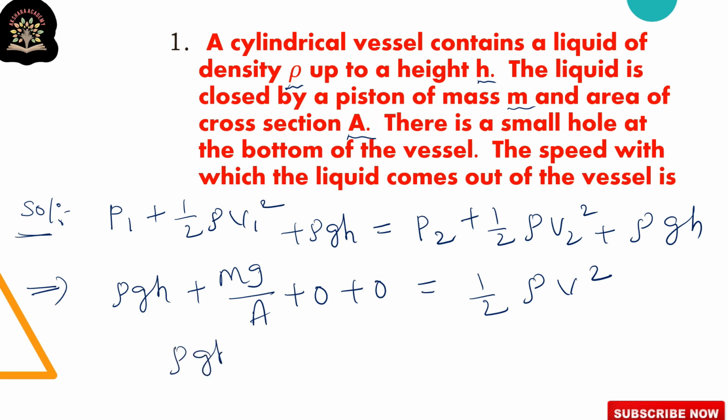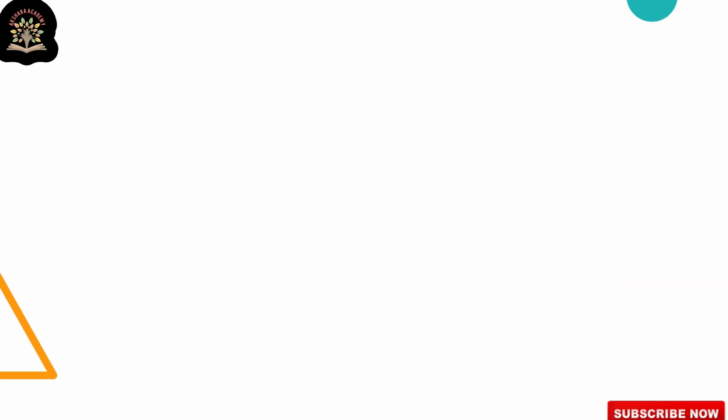Rho gh plus mg by a is equals to half rho v square. Half rho v square is equals to rho gh plus mg by a.